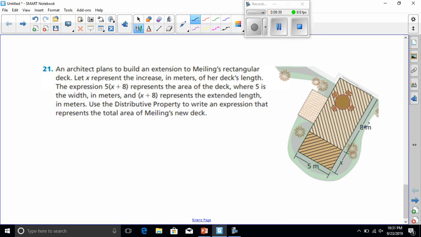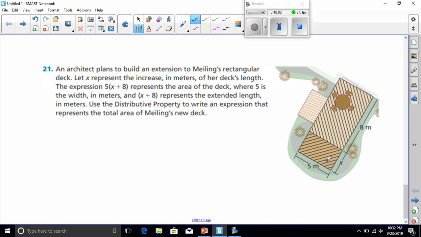We don't know what that is, but we do know 8 is going to be added to x. So x plus 8. It says where 5 is the width in meters, and x plus 8 represents the extended length in meters. Use the distributive property to write an expression that represents the total area of Mei-Ling's deck.